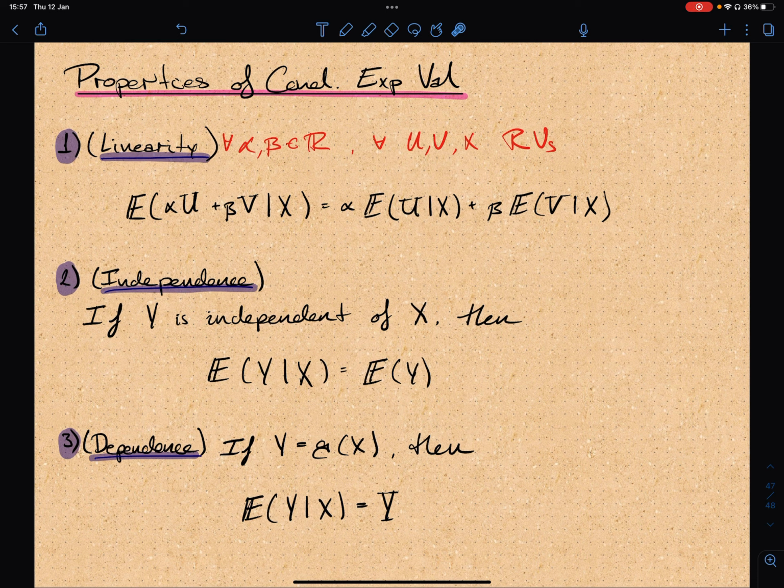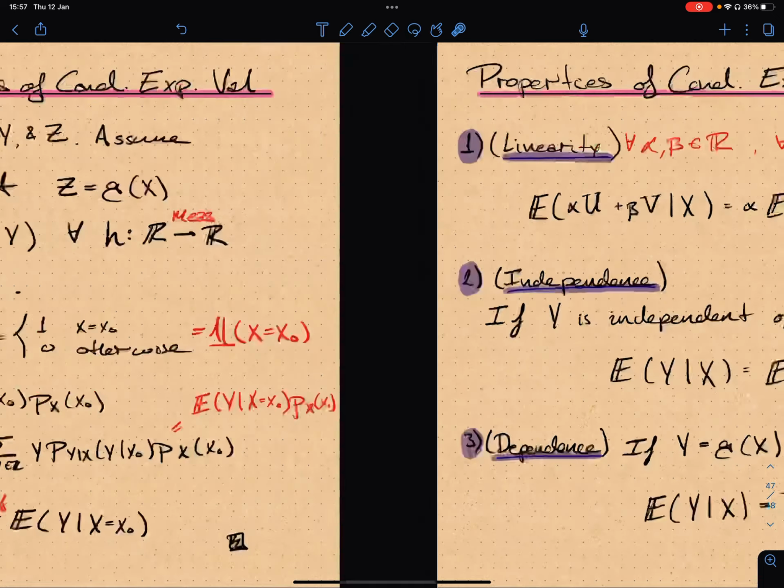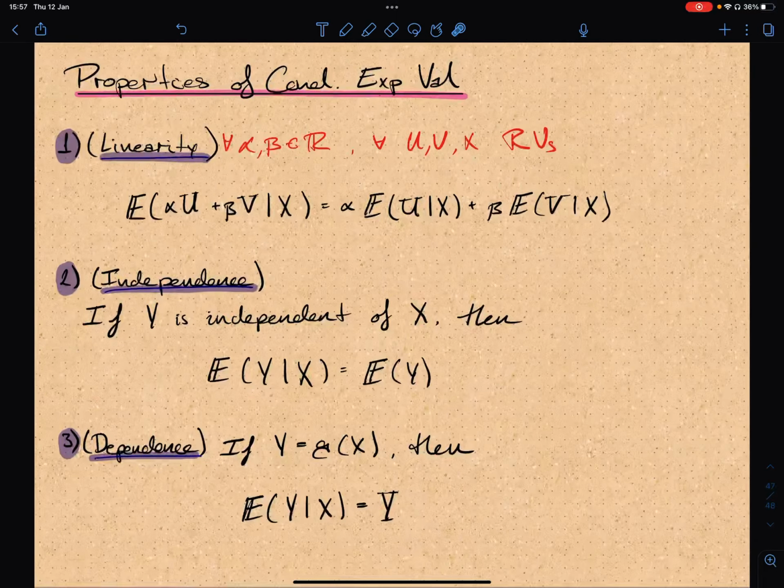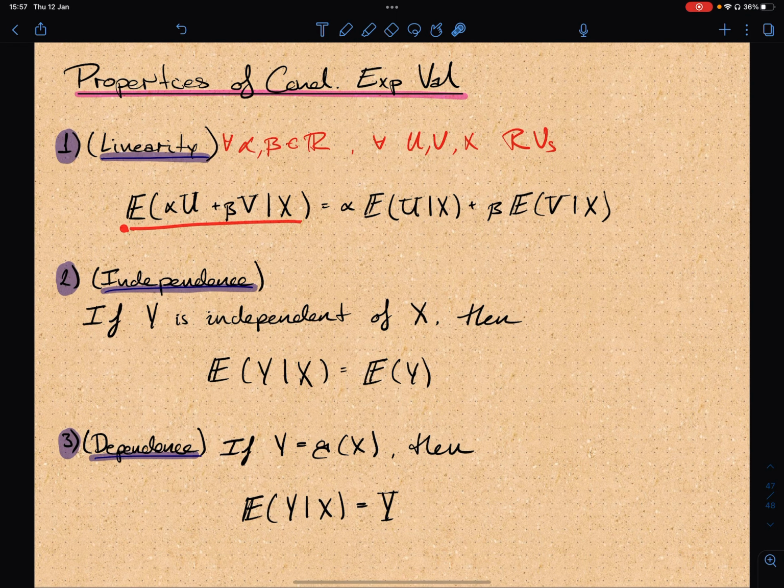You can either use the constructive definition or use the characteristic definition, showing properties 1 and 2. So you can show that the left-hand side satisfies properties 1 and 2, and the right-hand side satisfies properties 1 and 2. And since these two properties characterize your conditional expected value uniquely, then they have to be equal to each other. It's a little bit more of an abstract argument, but it tends to be less messy.